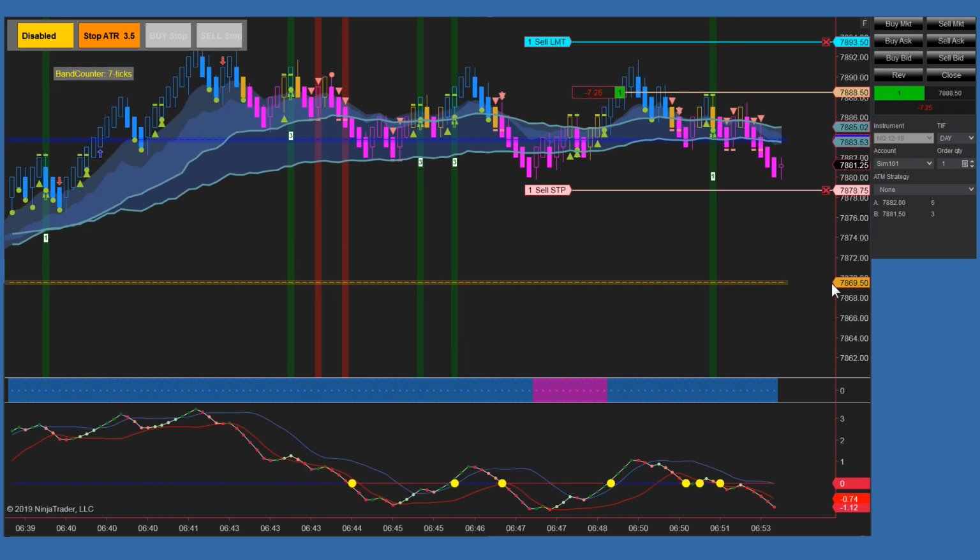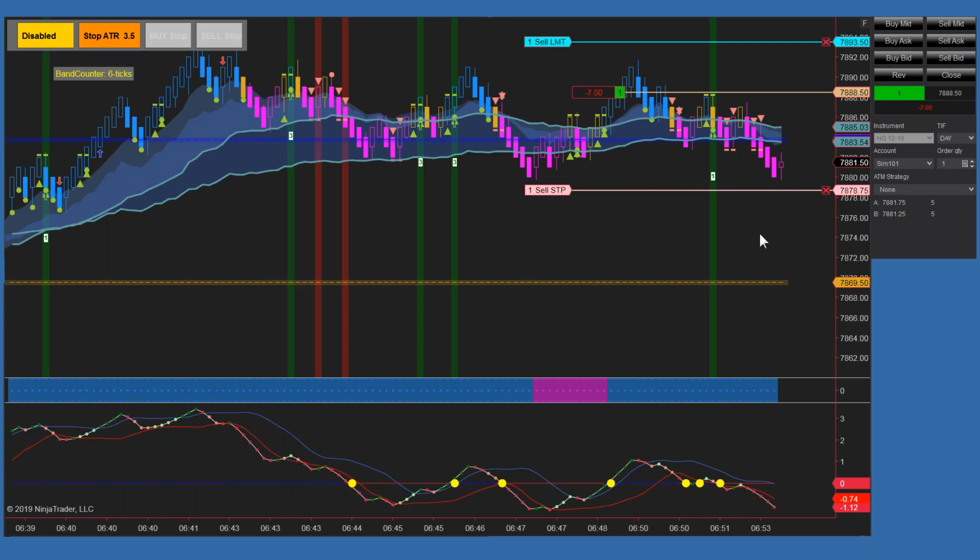Wow. Well, this is not looking all that promising either, is it? If the buyers hold this zone, this will be the last chance for the buyers.